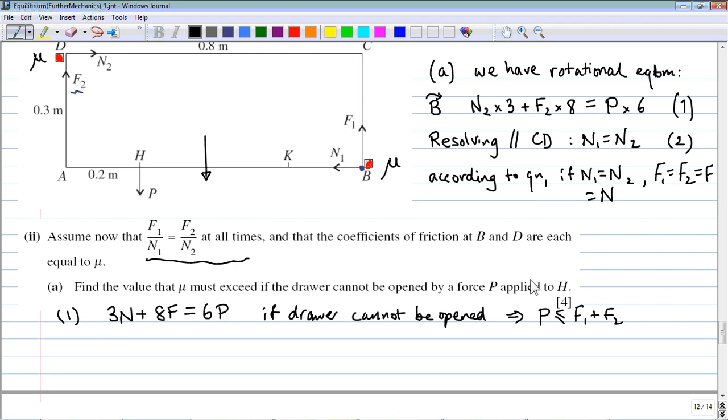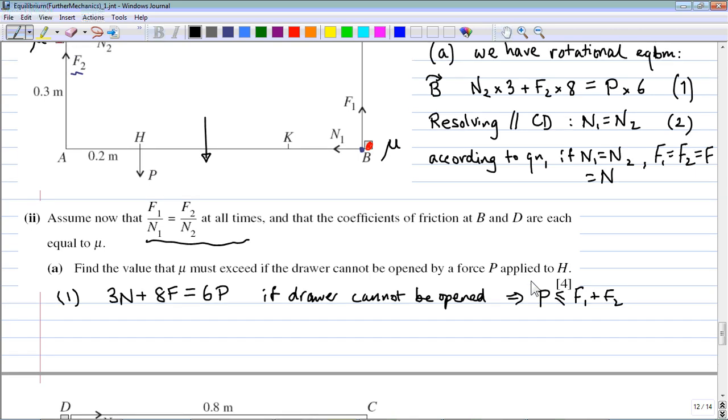But to be honest, that's not very important. And don't forget that F1 and F2 can take a maximum value. So maybe the simplest way to write it is P is less than or equal to F1 max plus F2 max. So if they take their maximum value, P will still be less than that.